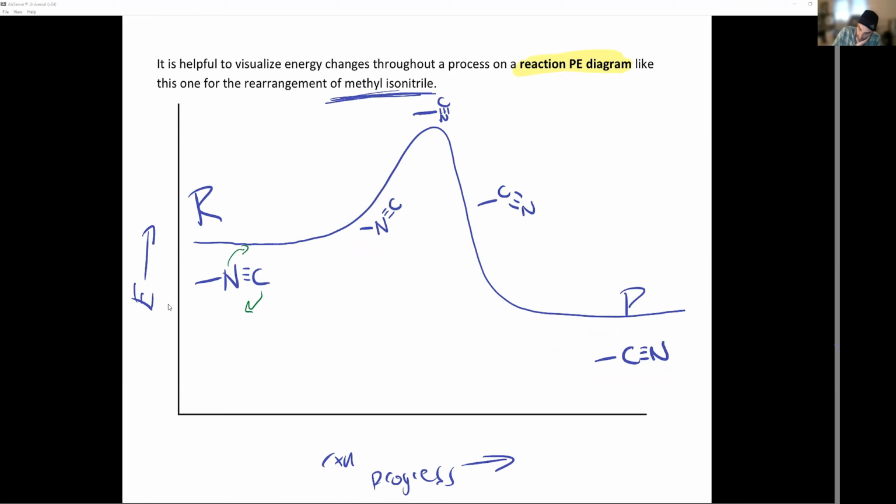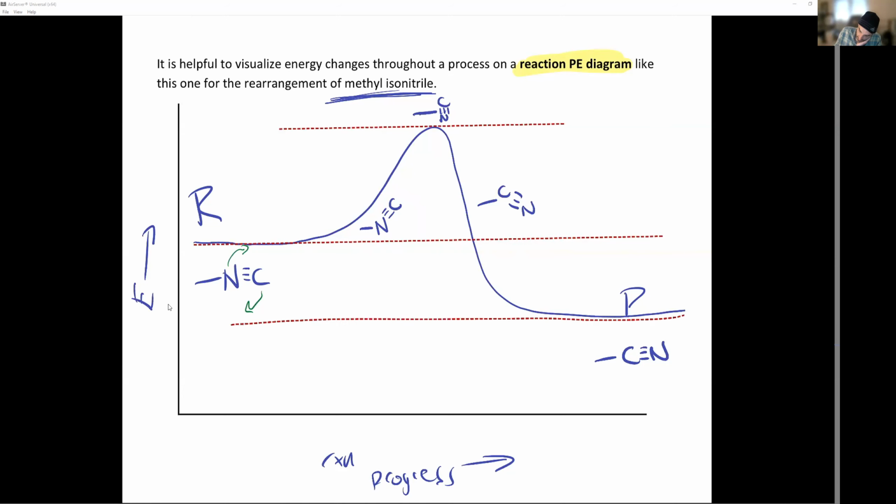There's a couple of things that are important here. First of all, there's a couple of energies involved that we need to take a look at. We have an energy up top, we have this energy right here, and we have this energy down here.